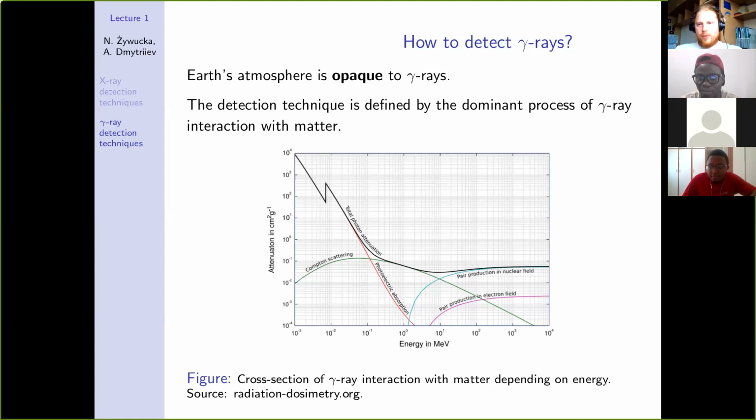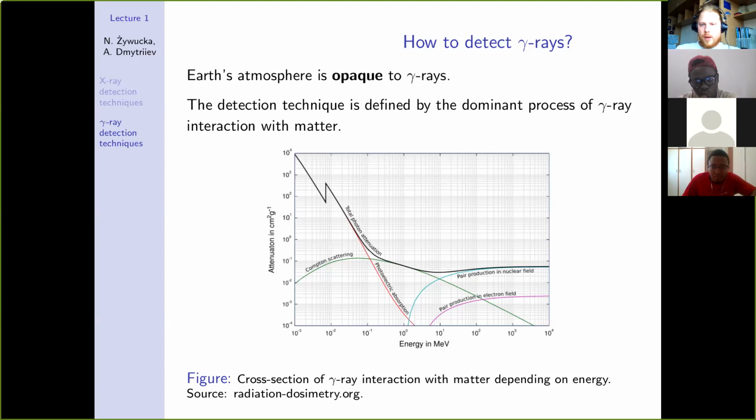Cool. So yeah, let's get started. Today I'm going to talk about detection of gamma rays at lower energies. In previous lectures, Natalia told you about detection of gamma rays with energies above, say, 100 GeV. Today we're going to talk about detection techniques of gamma rays with lower energies.